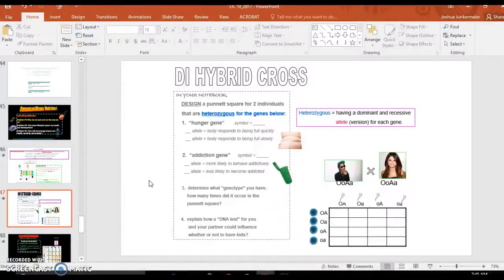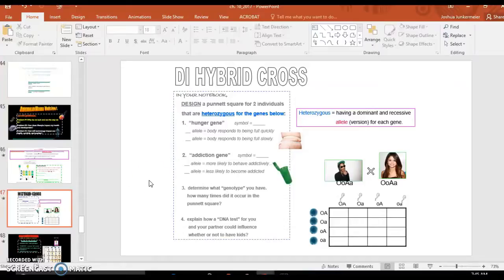All right, so the next slide is trying to bring some more real-life traits to inheritance, right, and heredity. We want to look at humans, and 2 common genes that I think play a big role and affect people's life is how people manage weight, overeating, undereating, staying as thin as you want.